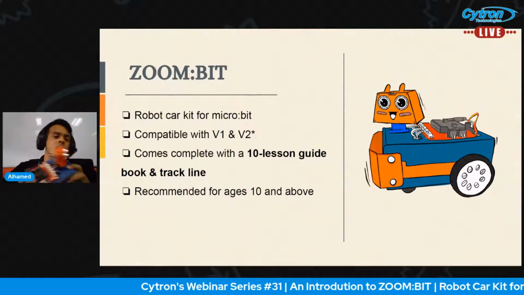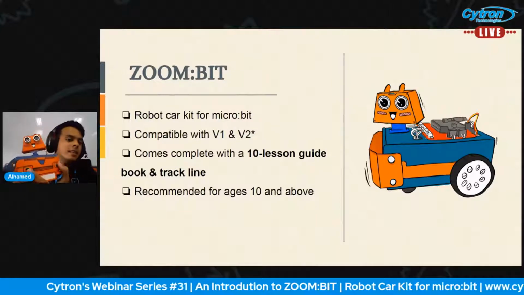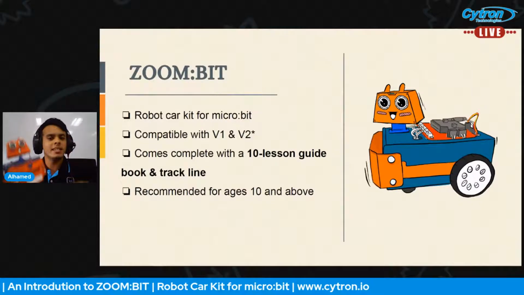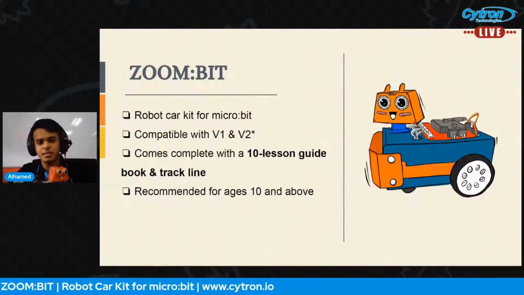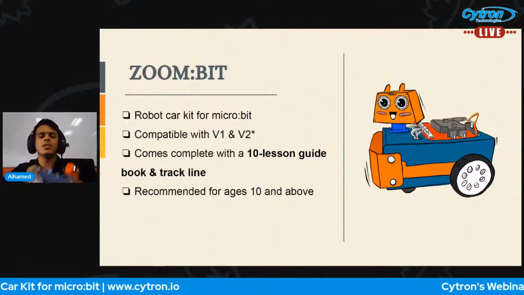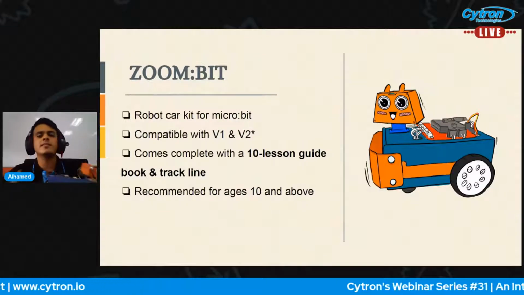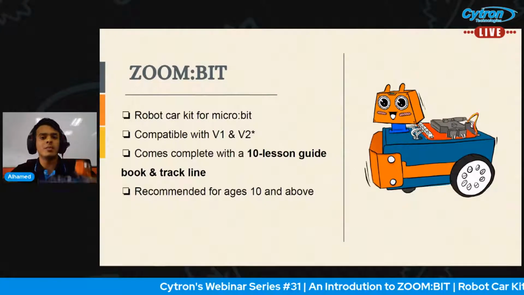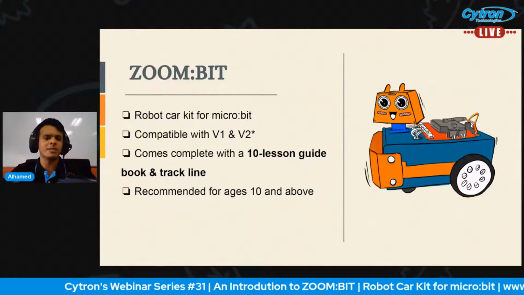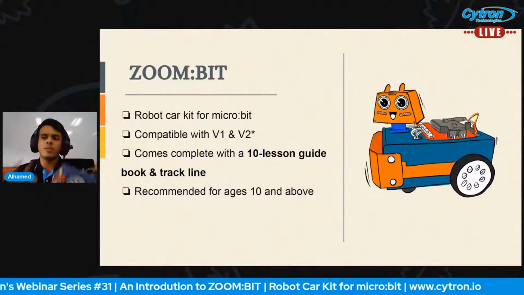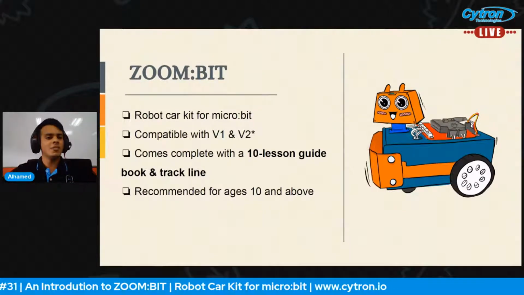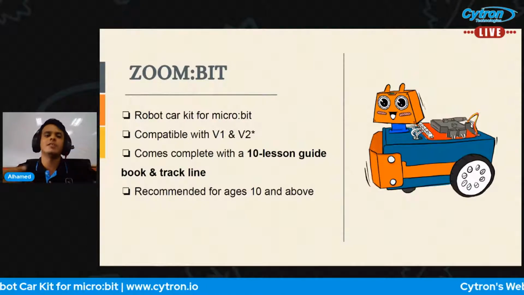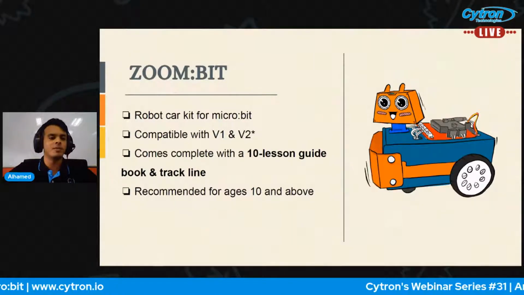Also, you will learn how to turn on the headlights. All this we will see later in the demonstration section. For each chapter, you will learn a lot of things and have fun as well. We will talk more about the guidebook and the track line later on, so bear with us. As you may notice so far, ZoomBit is beginner friendly and it's recommended for ages 10 and above.